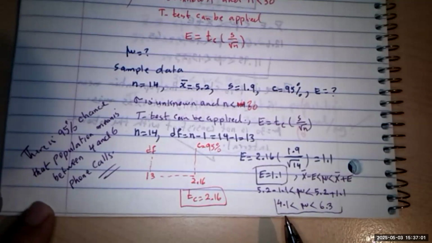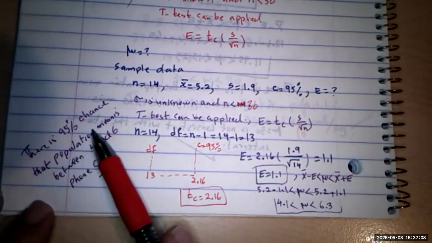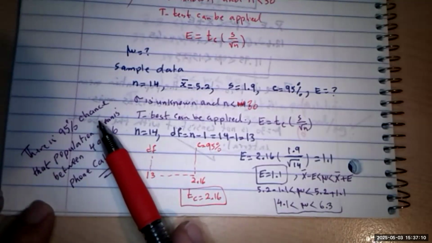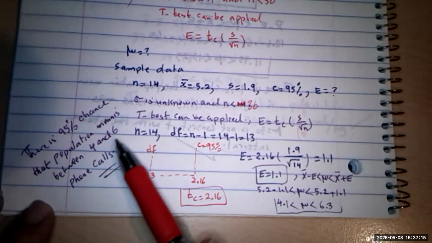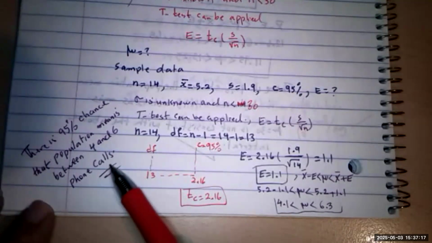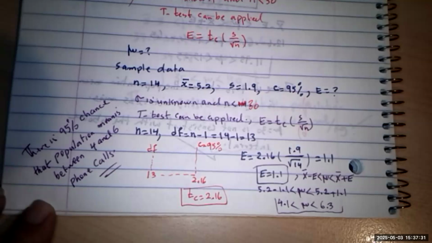So we have the range between 4 and 6, and you have to make a comment. The comment is, again, there is a 95% chance that the population mean is going to be between 4 and 6 phone calls. So based on this information, you may consider this for everybody: on average, every evening, you may get between 4 and 6 phone calls.